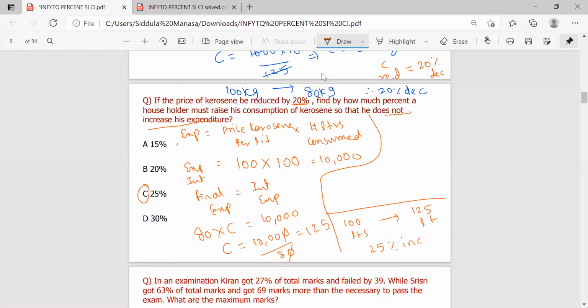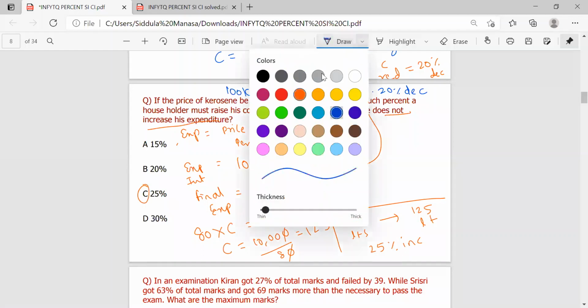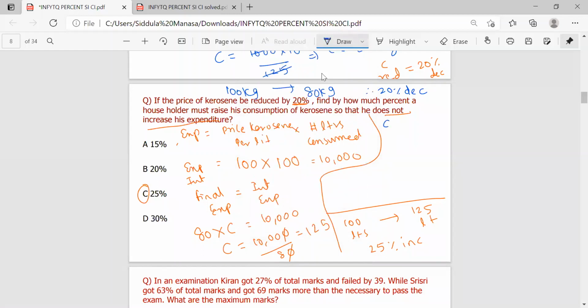25% increment. Now if you go with the formula method, the consumption raised will be equal to x by 100 minus x, multiplied by 100. So what is the x value? 20%. The price dropped by 20%.